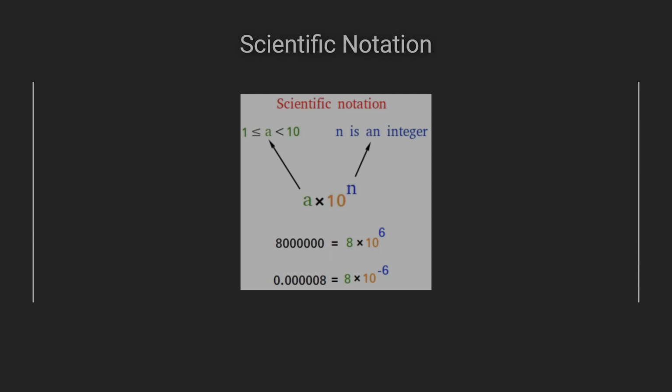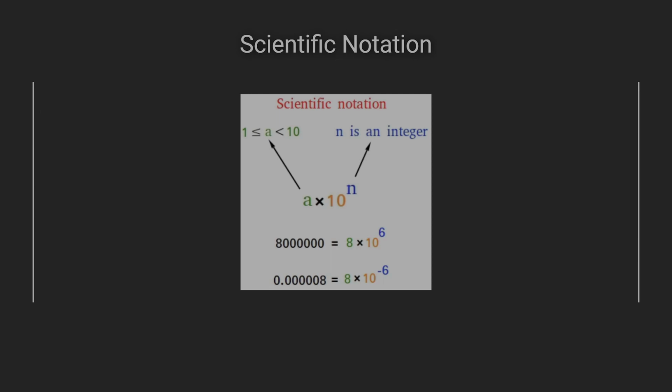And we're going to have another factor, which is going to be 10, and we're going to have our exponent n over this 10, where n is an integer. And this is going to determine the decimal value of a, our coefficient, our value.